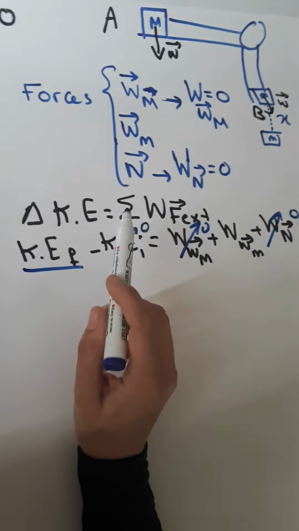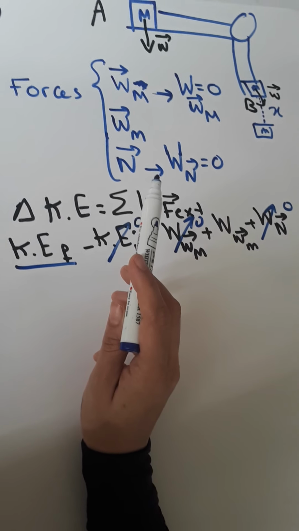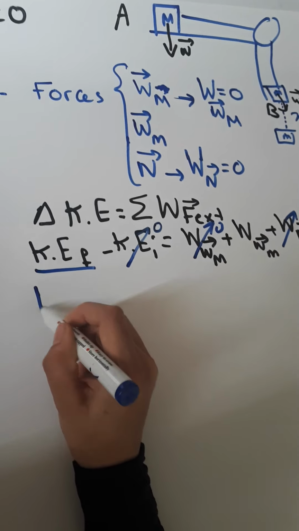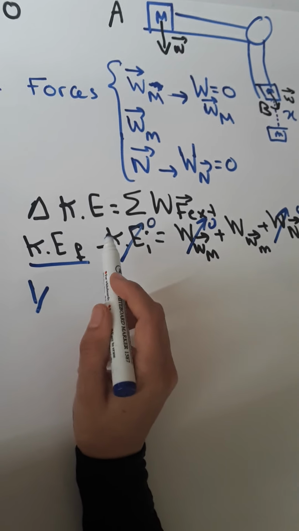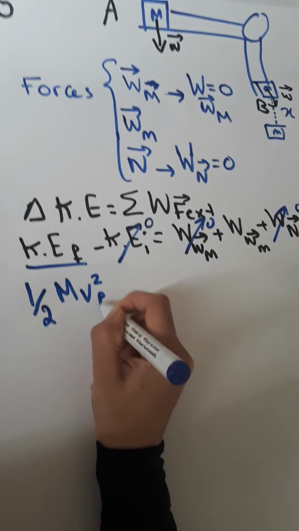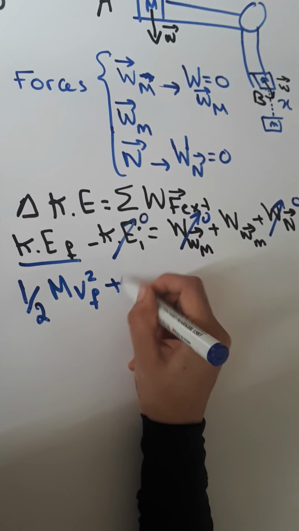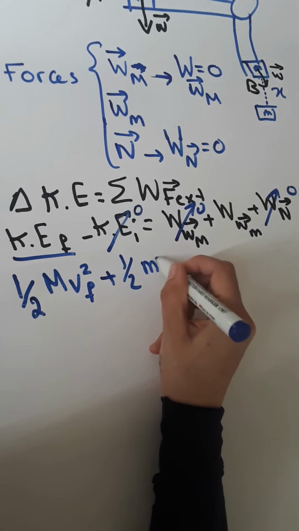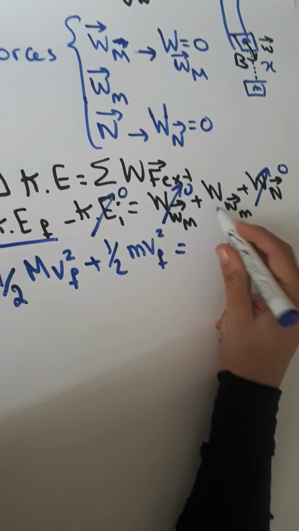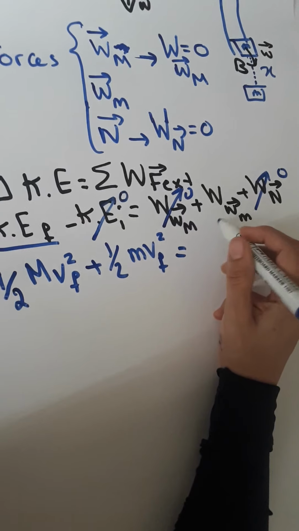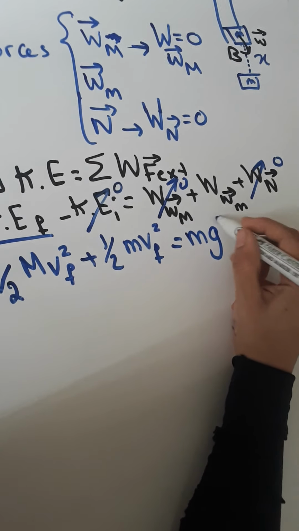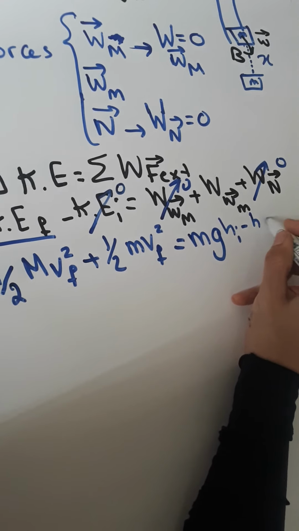Kinetic energy final, which mass is possessing kinetic energy? Both, because finally both moved. So here I'm talking about the kinetic energy of the bigger mass, which is half Mv squared, plus half mv final squared of the smaller mass, equal to the work of the weight of the smaller mass, and the work of the weight is directly, simple rule, mg times h initial minus h final.